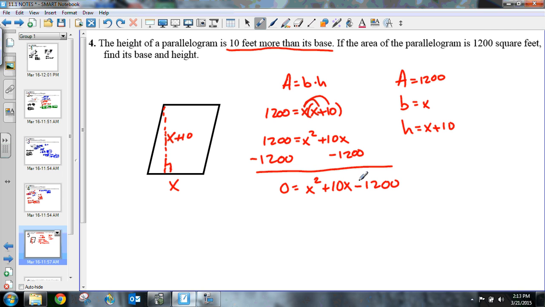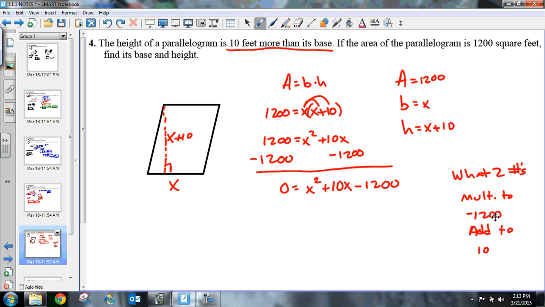Now this is a quadratic. Okay, I am going to solve this by factoring, and I have to ask myself, what two numbers multiply to negative 1,200 and add to positive 10?